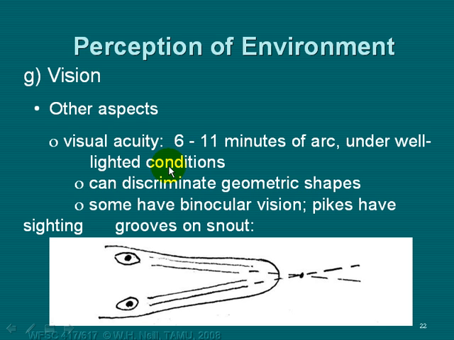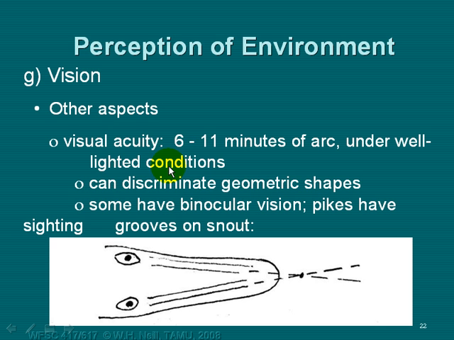Some fish have binocular vision, and it's just like with warm-blooded animals, if the eyes are both in front, they tend to be binocular, but if they're to the sides, then probably not. Pikes have sighting grooves on the snout.